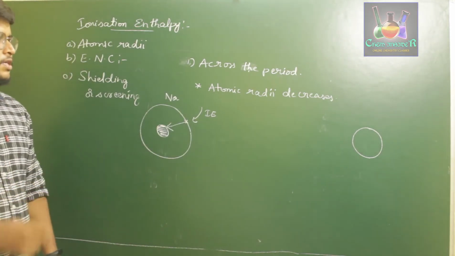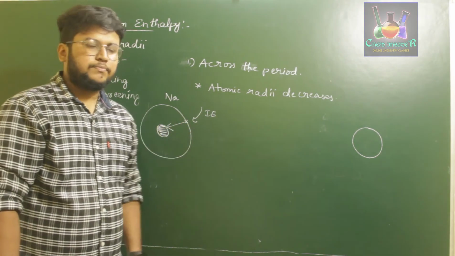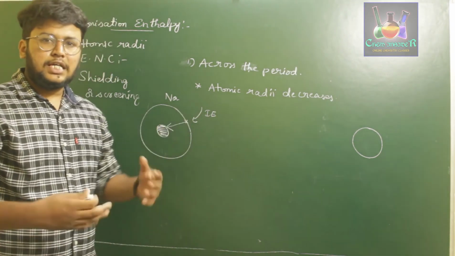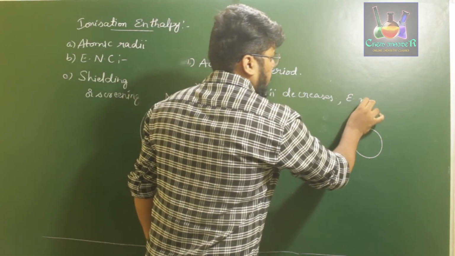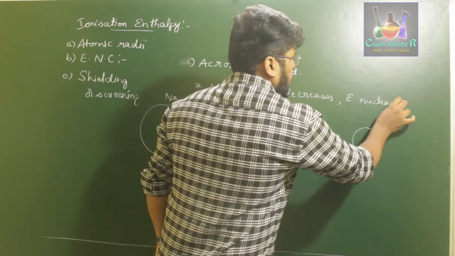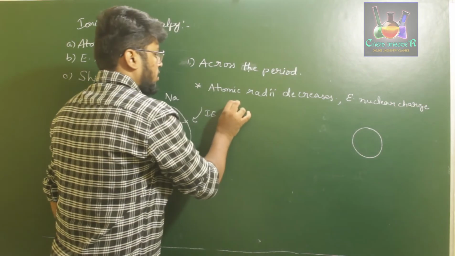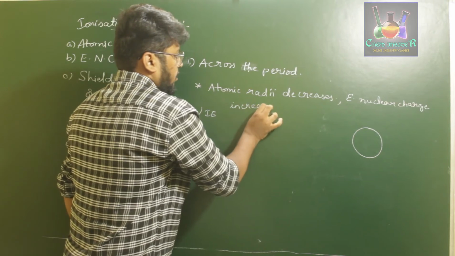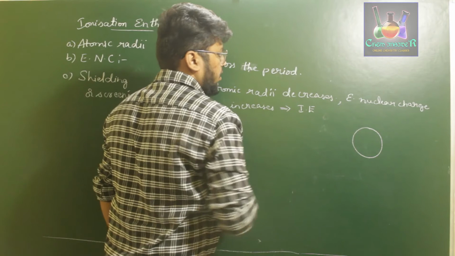So what we can say is, across the period, as the atomic radii decreases, effective nuclear charge increases, which results in increase in ionization enthalpy.